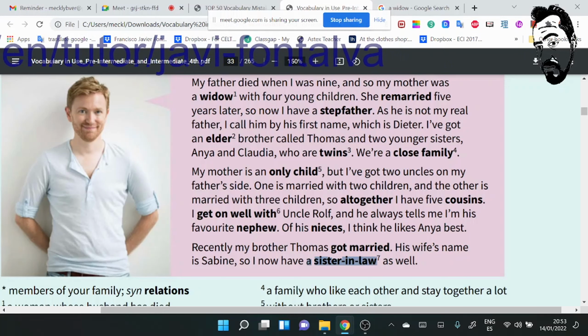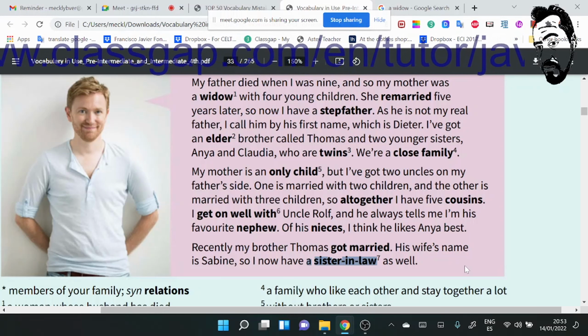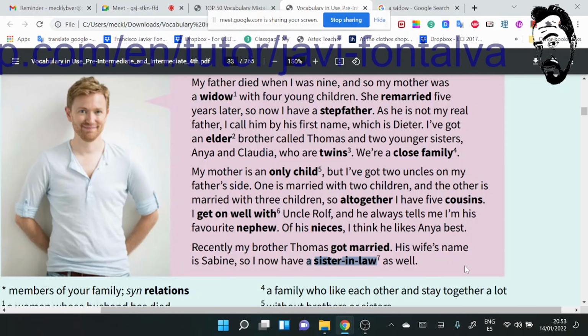Sister-in-law, mother-in-law, all this is basically if you are going out with a man or woman, his or her family would be your in-laws. For example, I have a wife and her mother is my mother-in-law.